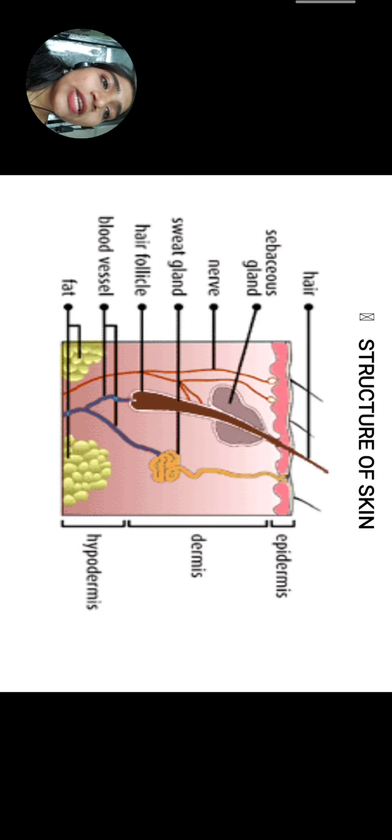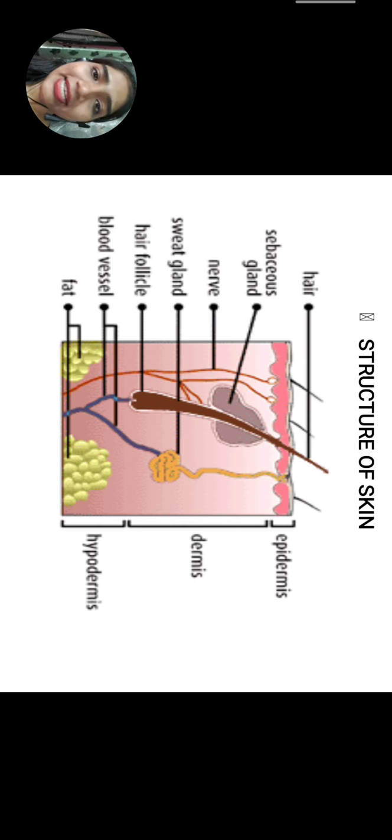So these oil glands are activated during the puberty. So once a person reaches the puberty, that's when these oil glands are active, and then we start getting problems such as oily skin, acne and all those things. So the sebaceous gland does the work of excreting or releasing the oil in our skin.